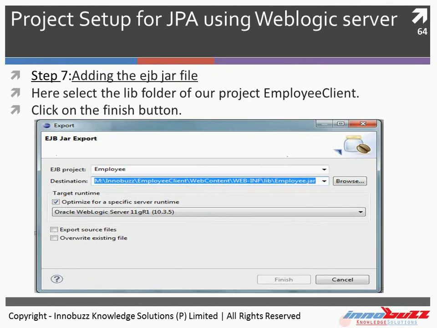The web client project in our demonstration is employee client, within which you have web content, and inside that a WEB-INF folder. The lib folder will have employee.jar. So give this path, where the EJB jar will be exported directly, and select the Oracle WebLogic server as the runtime.